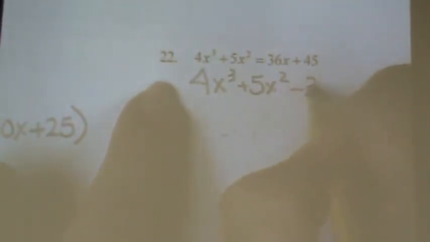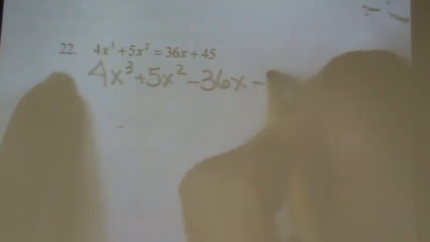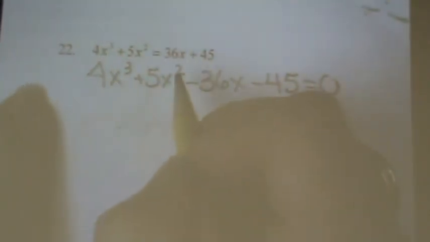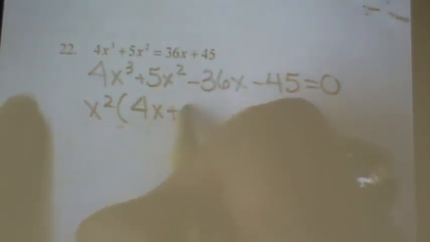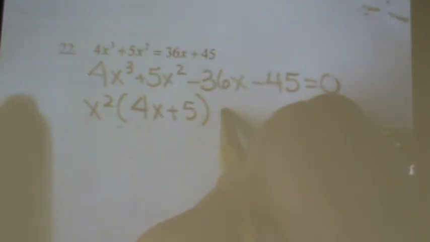This one, I would do grouping. 4x cubed plus 5x squared minus 36x minus 45. If you do the grouping, you take out x squared, you're left with 4x plus 5. And then here you're going to take out a negative 9, and you're left with 4x plus 5.